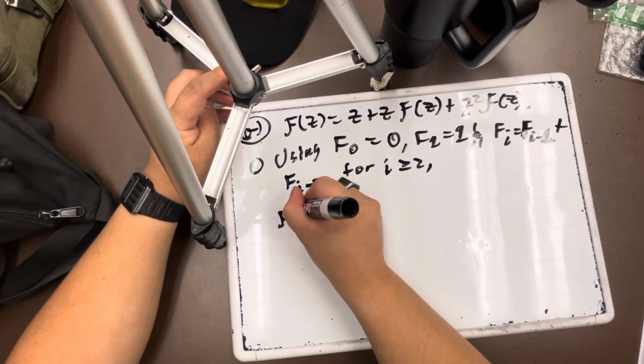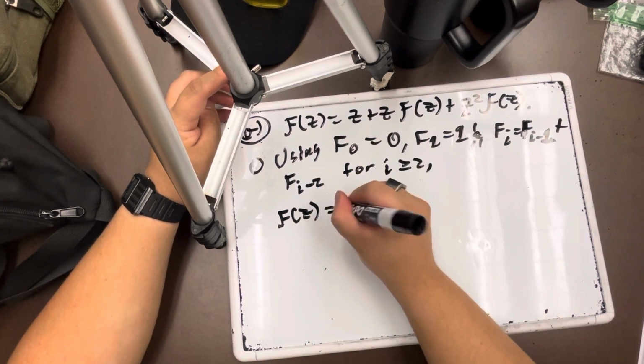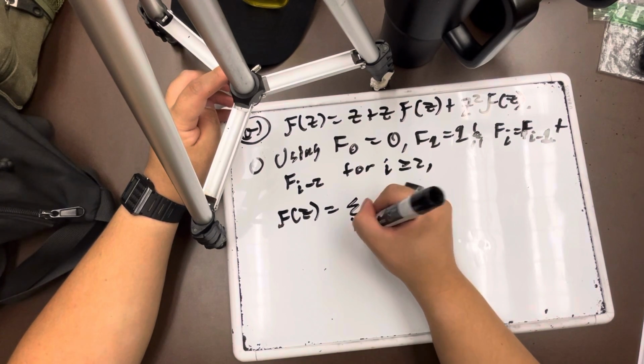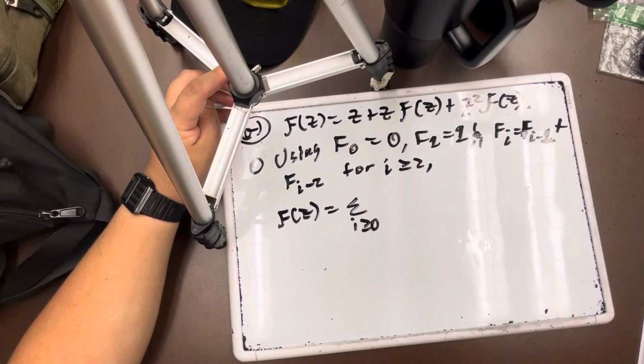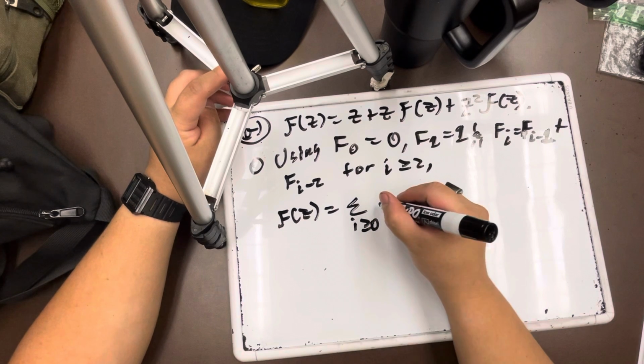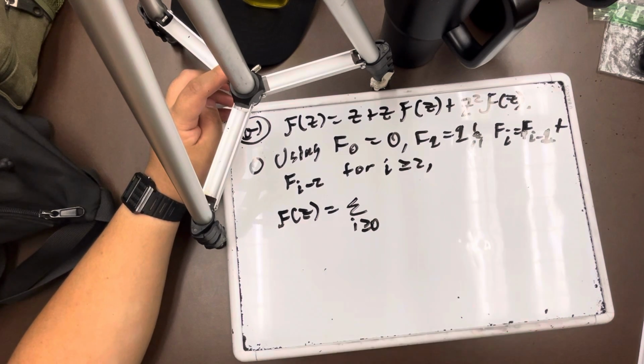Script f of z is equal to the summation over non-negative i. There we go, that's the one.